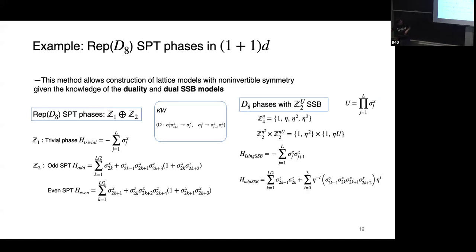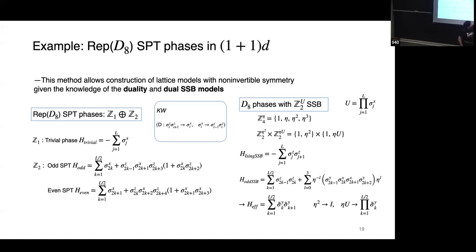For the odd SSB, the idea is the following. There are two terms. This is the Hamiltonian with D8 symmetries. The first term shows that you can organize the spins into a unit cell with two spins, and it aligns your spins in the unit cell to the same direction. So at low energy, the effective Hamiltonian can be described by treating the unit cell as a single spin.